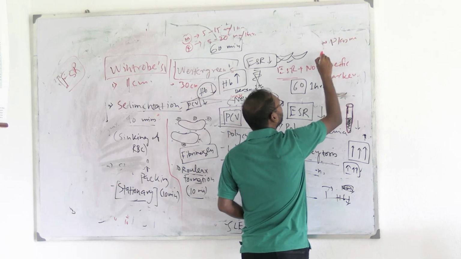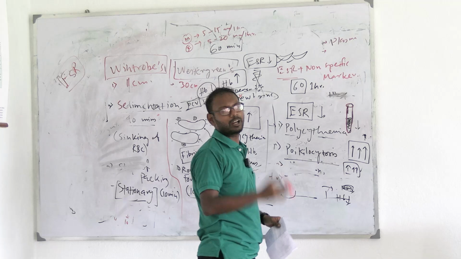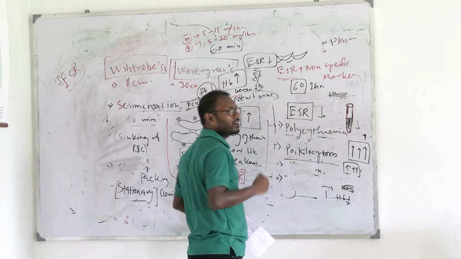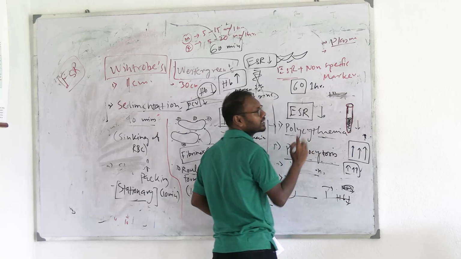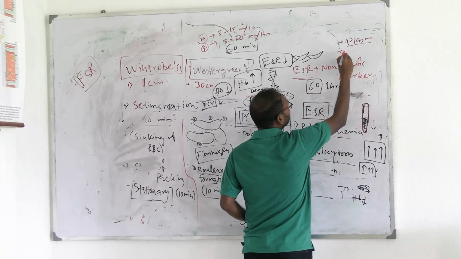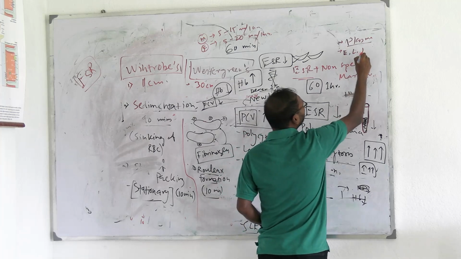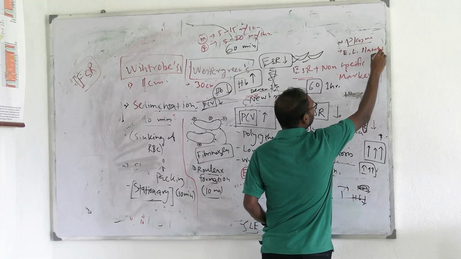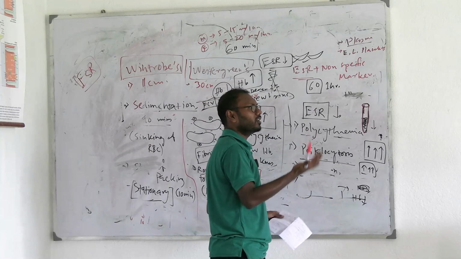So when telling an answer in the exam, say it like this: there are plasma and cellular components. The cellular components are three, namely erythrocytes, leukocytes, that is RBC, WBC and platelets. Now you are putting your blood inside those tubes, not only erythrocytes.